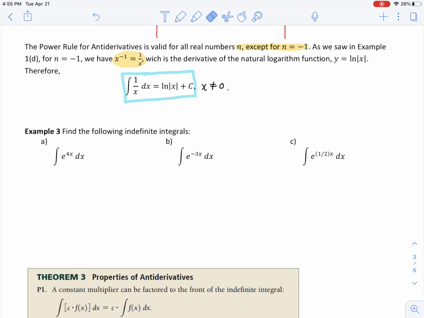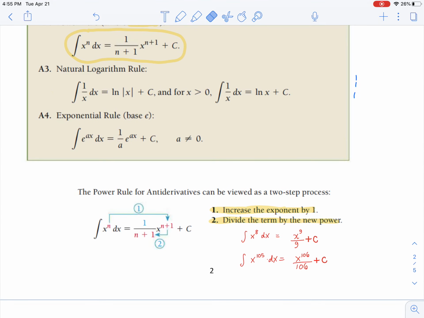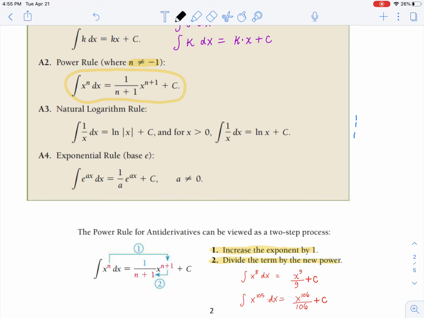So if you're typing this in on your homework and they're saying, oh no, you missed it, it's not correct, then just consider putting absolute value around your x, okay? So, all right, that was actually the third rule, called the natural logarithm rule, for the case where n equals negative 1.